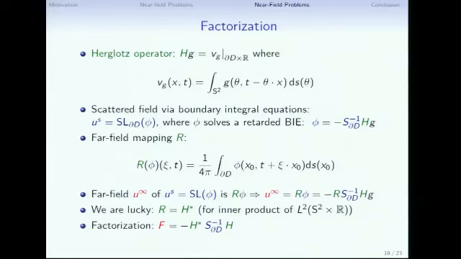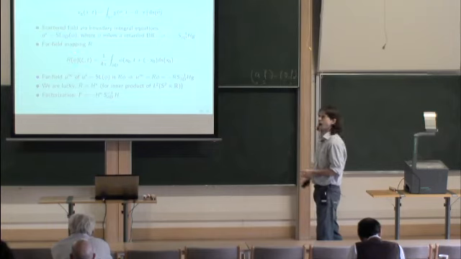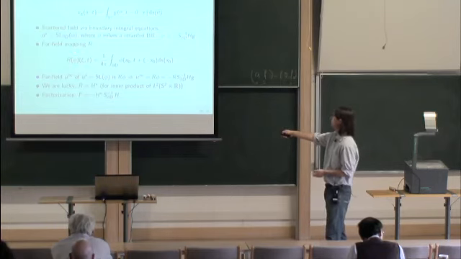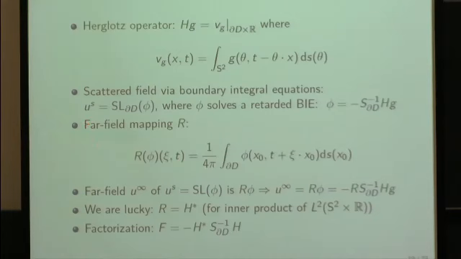The far field is just this integral operator, and I'd like to abbreviate that by R for a second. What we want is the far field to that guy, which is obviously given by R applied to the density. The density solves this boundary integral equation, so you get that u infinity is R S^{-1} h.